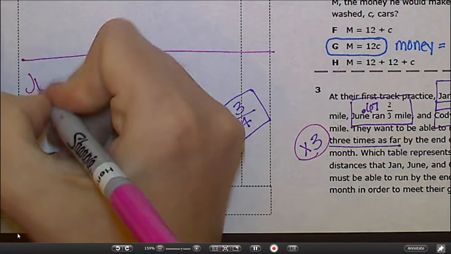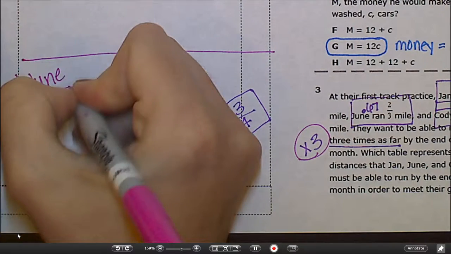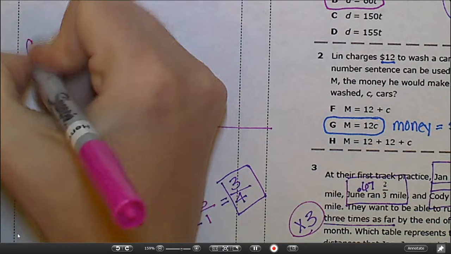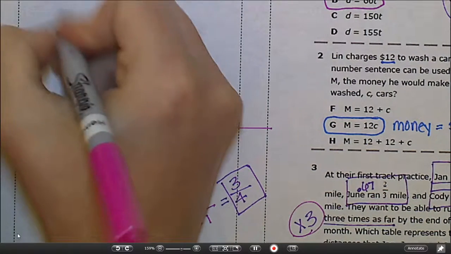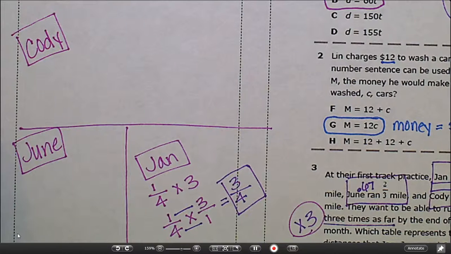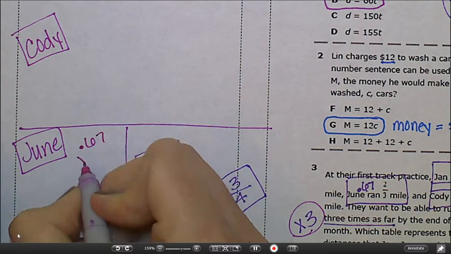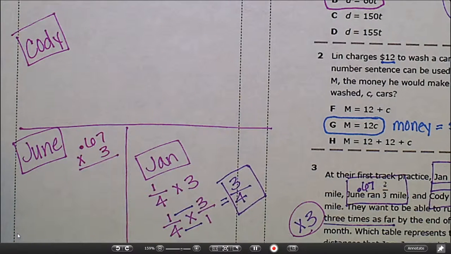Let's do June, and Cody. I'd like for you to set these up. Again, you could do two things. You could either do 0.67 times 3, and then remember that you would need to turn that back into a fraction since all of your answer choices are fractions.